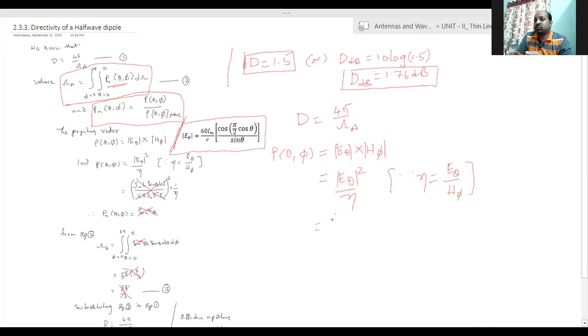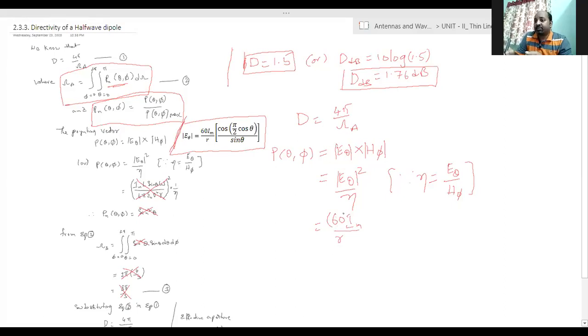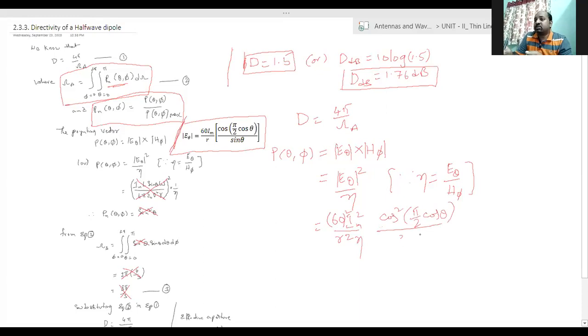If you substitute this and square it, what will we get? 60 square Im square by r square eta, times cos square(pi by 2 cos theta) divided by sin square theta. If you substitute E theta here and square it, this is what you get, and this is nothing but the pointing vector P(theta, phi).